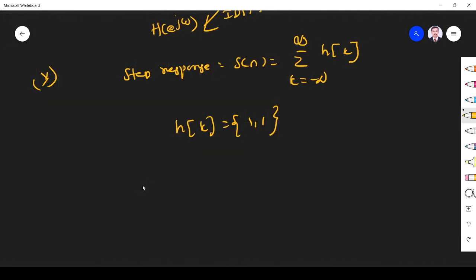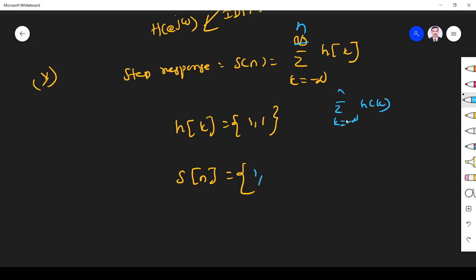S of n is the step response. When n is equal to 0, the summation runs from k equals minus infinity to n of h of k. So s of 0 is h of 0 only, because n is 0 we substitute. So h of 0 is 1.